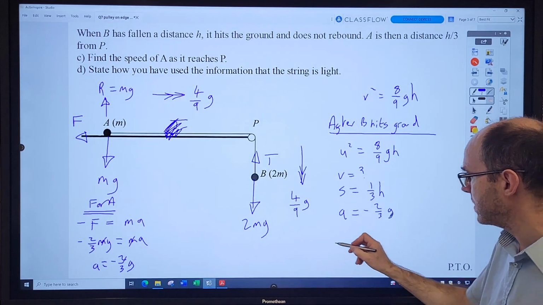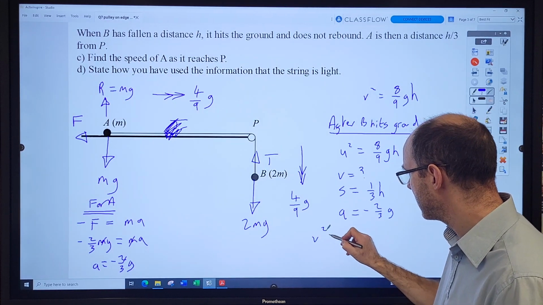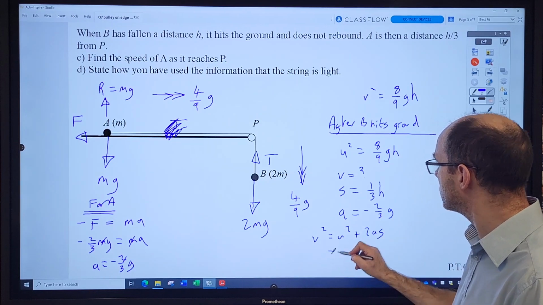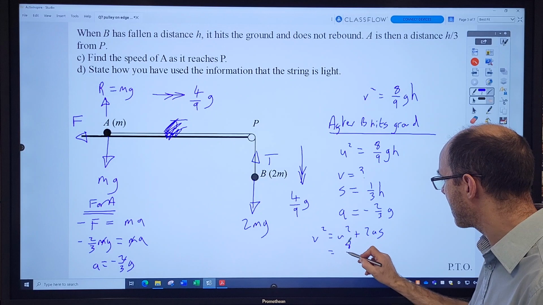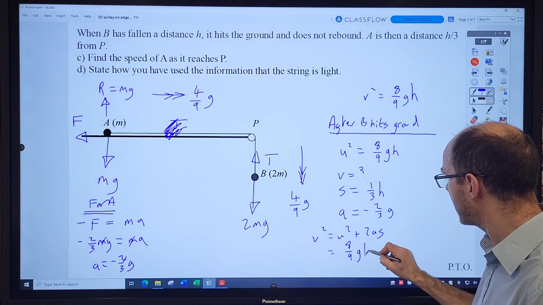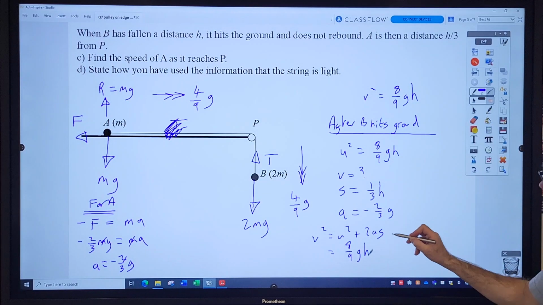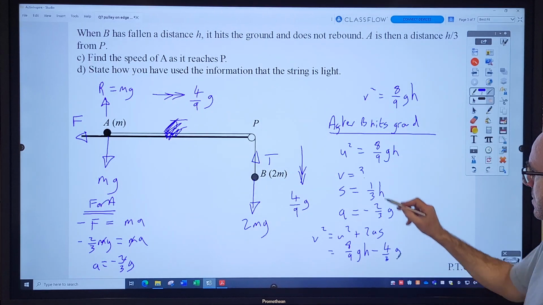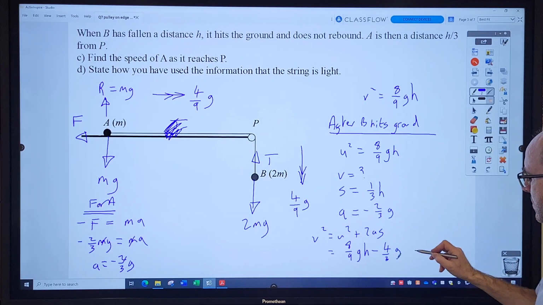Now we can work out v, again using v squared equals u squared plus 2as. So u squared was 8/9 gh plus 2as. So subtract 4/3 g times s, which is 1/3 h.